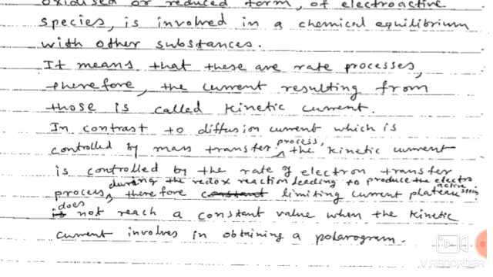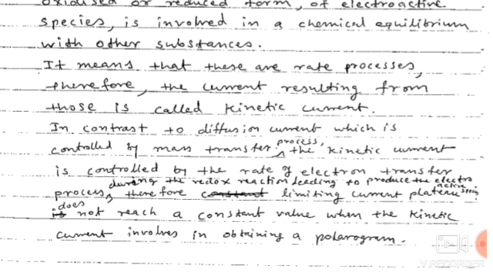The diffusion current is controlled by means of migration, but the kinetic current is controlled by the rate of electron transfer during the redox reaction.